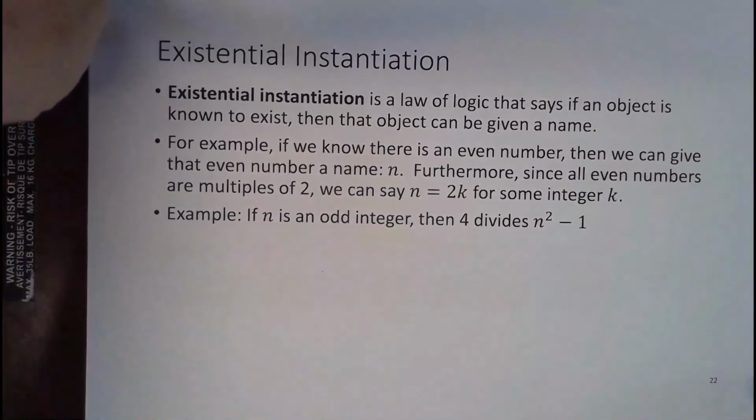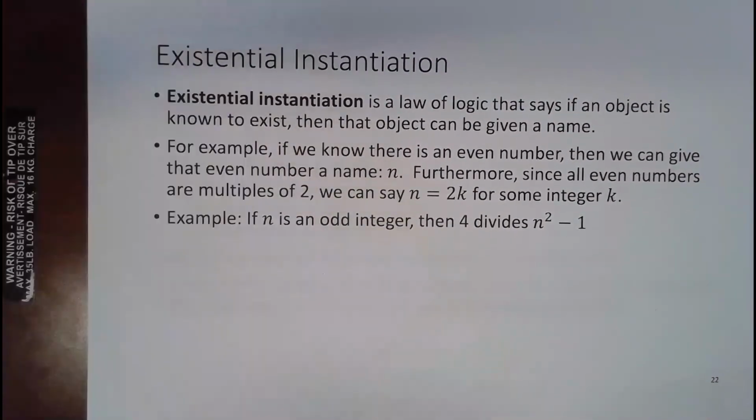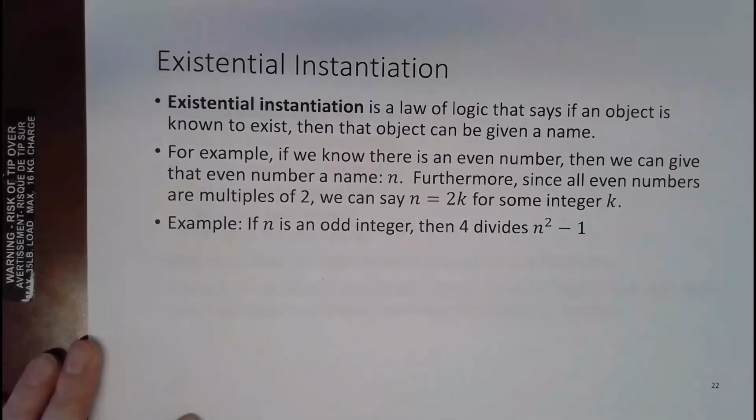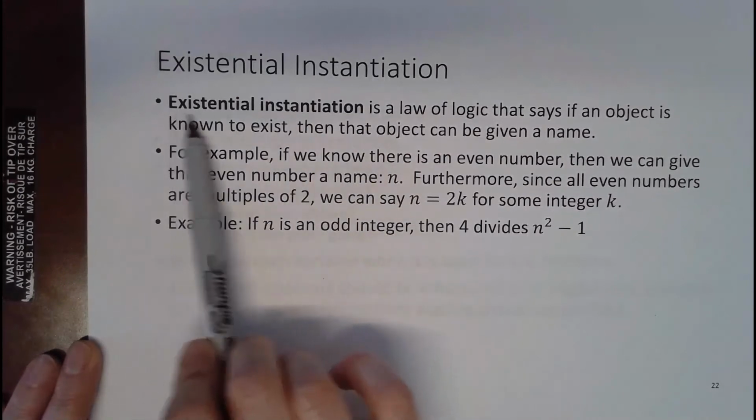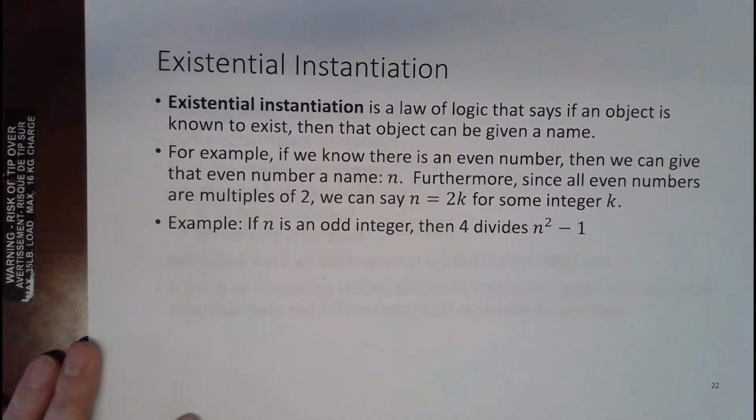So we talked about universal generalization. There's also existential instantiation. That's similar in nature to that. If you have a there-exists kind of statement, this existential instantiation is just a law that says if we know that an object exists, you can give it a name.